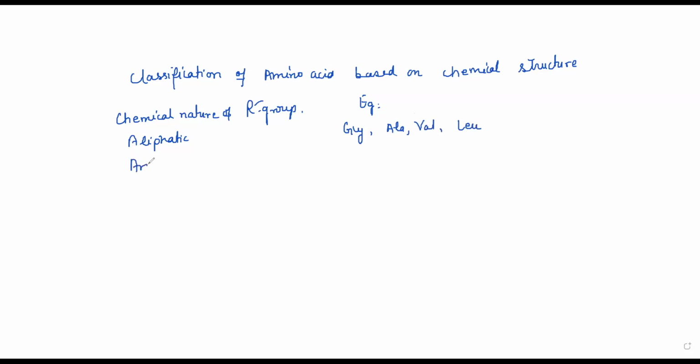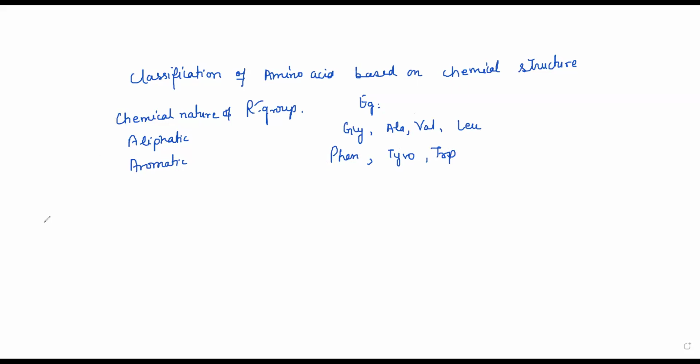If aromatic, then phenylalanine, tyrosine, tryptophan. If it has a hydroxyl group, serine, threonine. Carboxylic group, aspartate, glutamate.